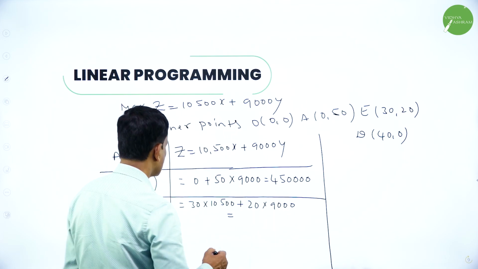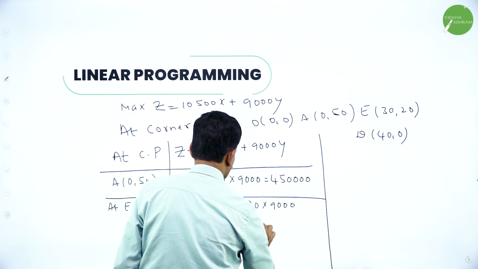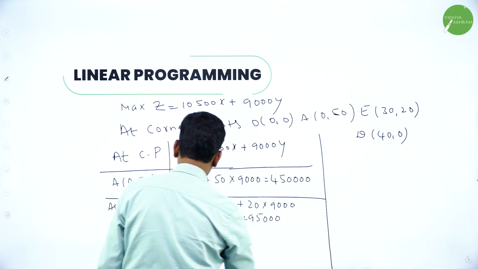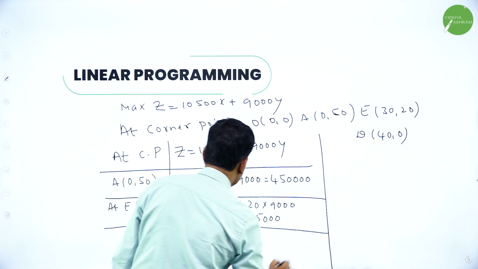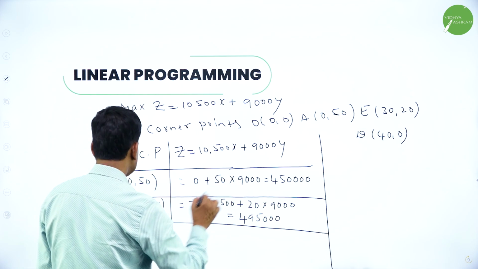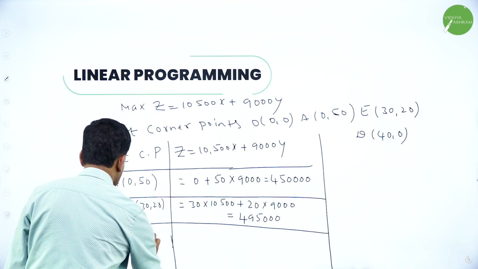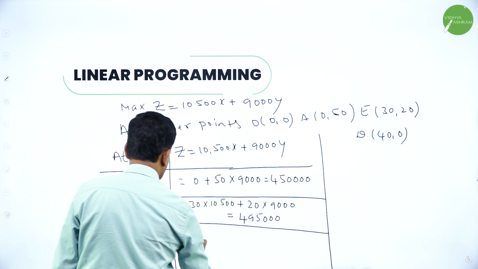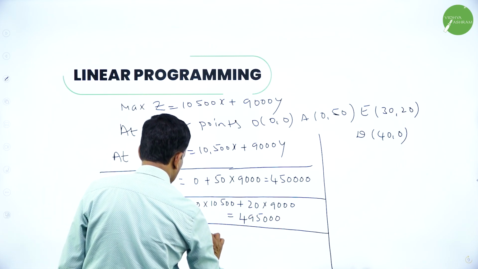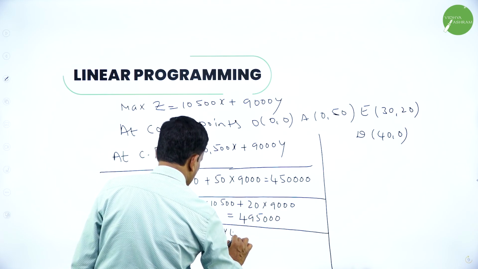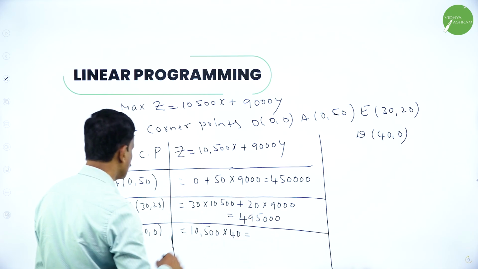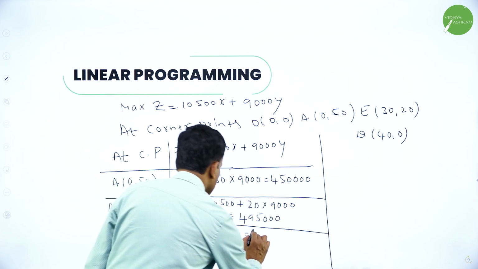So this is 4,95,000. Next, at D. What is D? (40, 0). So we have 10,500 into 40 plus 0, so 4,20,000.